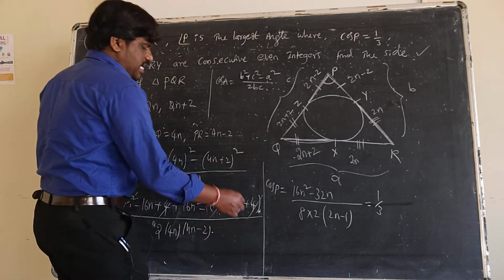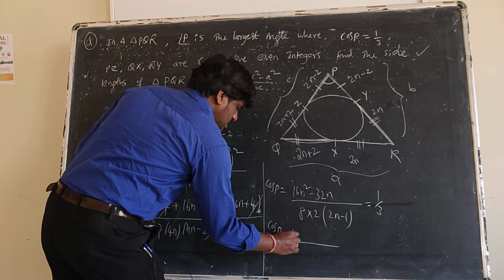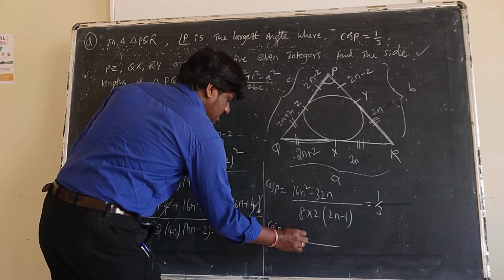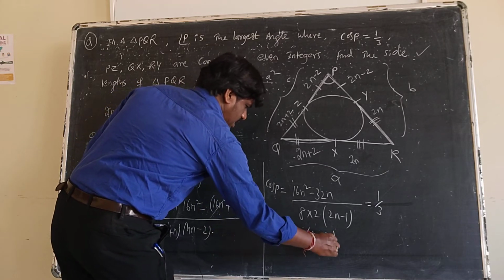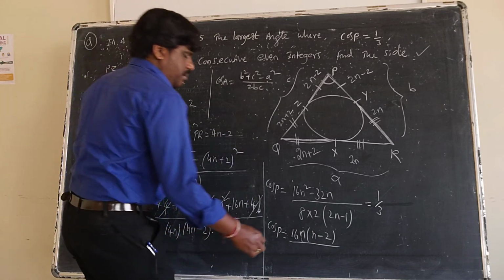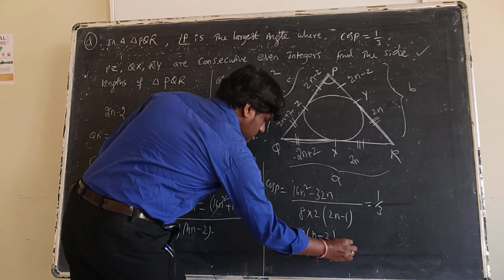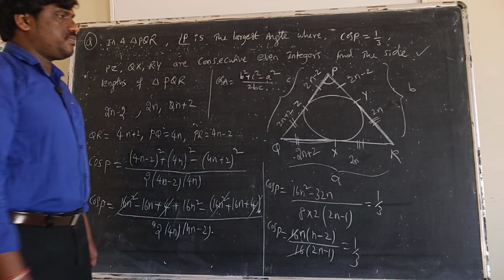So therefore 16 I can take out common on the top, cos P is equal to, if I take the 16 common, and inside n also I can take common, 16n I take common, so n minus 2 I will get, divided by 8 to the 16 into 2n minus 1 is equal to 1 by 3. 16 gets cancelled out.